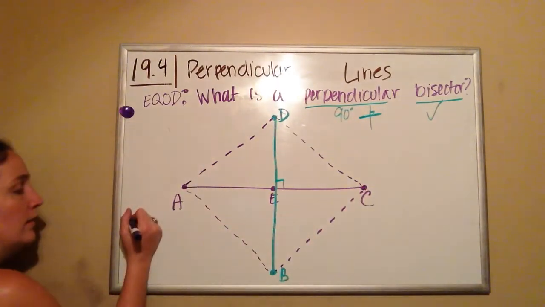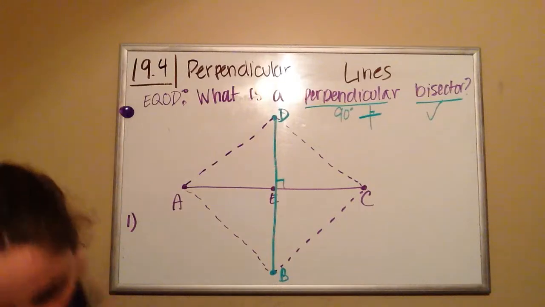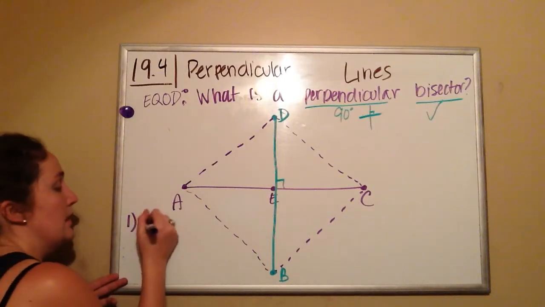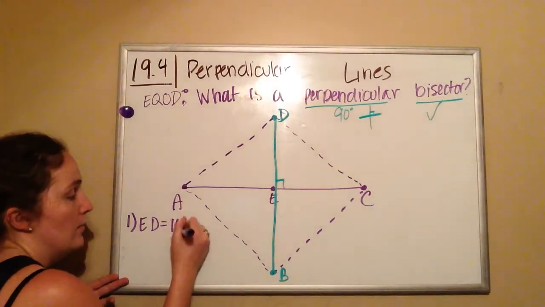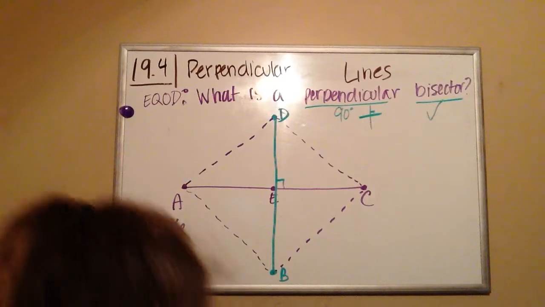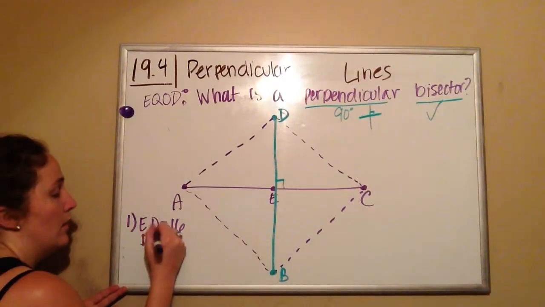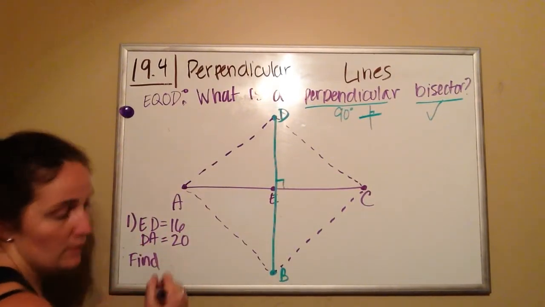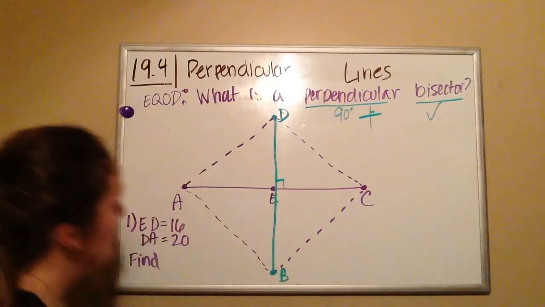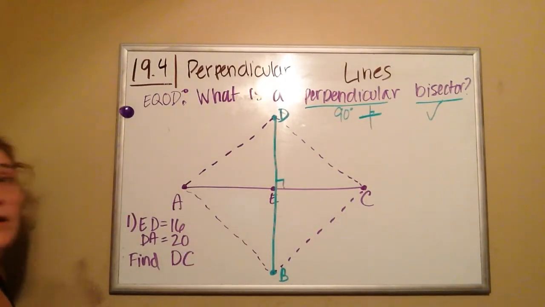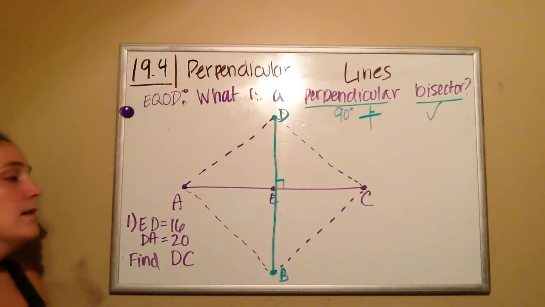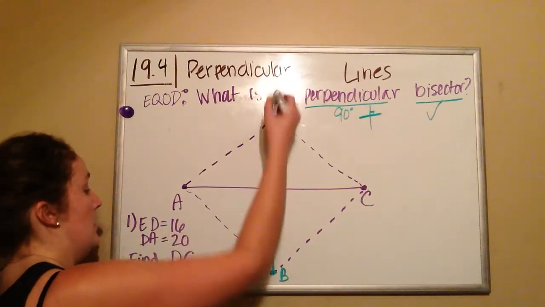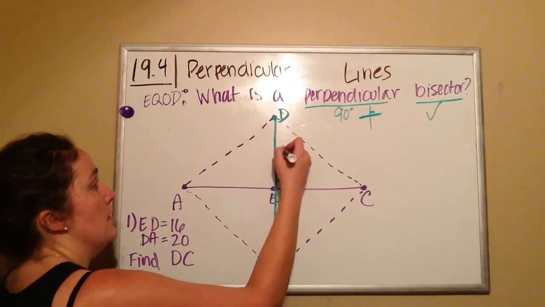Let's see. So question 1. We know that ED is 16. DA is 20. We are supposed to find DC. So let's go ahead and draw that in. We know that ED is 16.